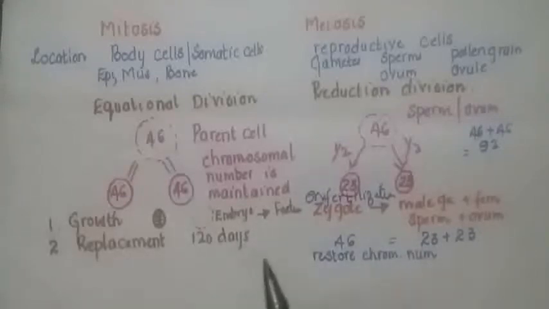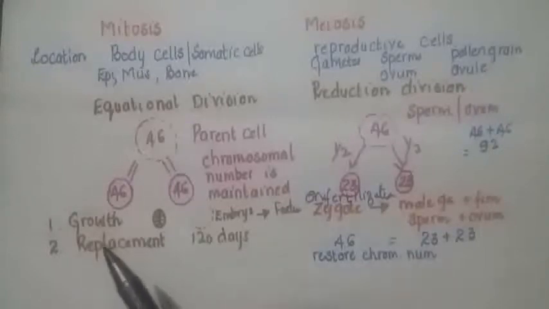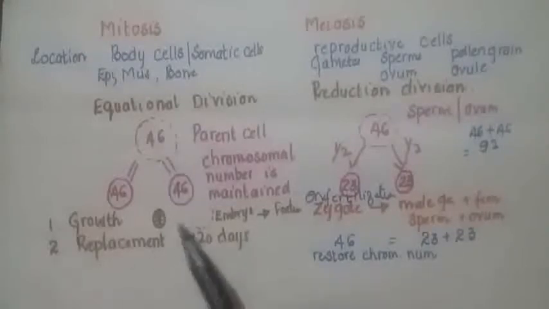So once they die, they should be replaced by the formation of new cells, and those new cells are produced in the bone marrow. So there is a replacement of new cells once the old cells are worn out.